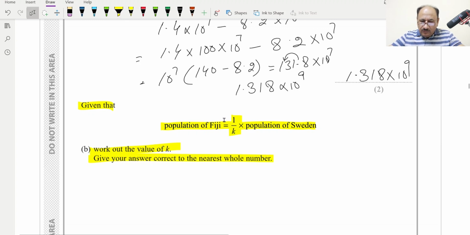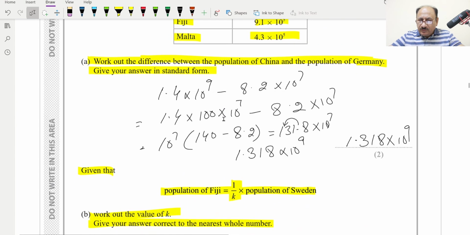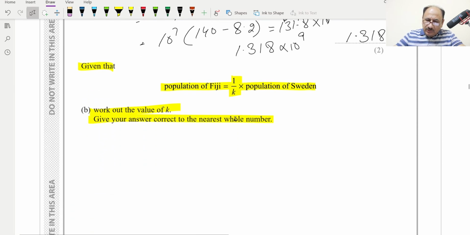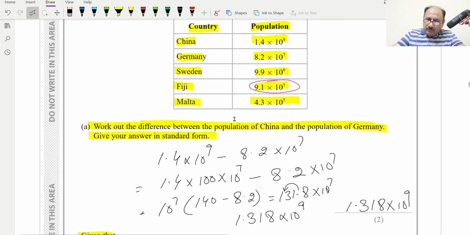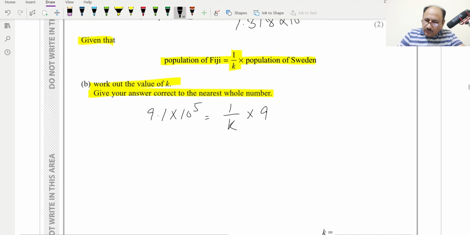For that, we will check the population of Fiji, which is 9.1 into 10 raised to 5, is equal to 1 over k into the population of Sweden. The population of Sweden is 9.9 into 10 raised to the power 6.